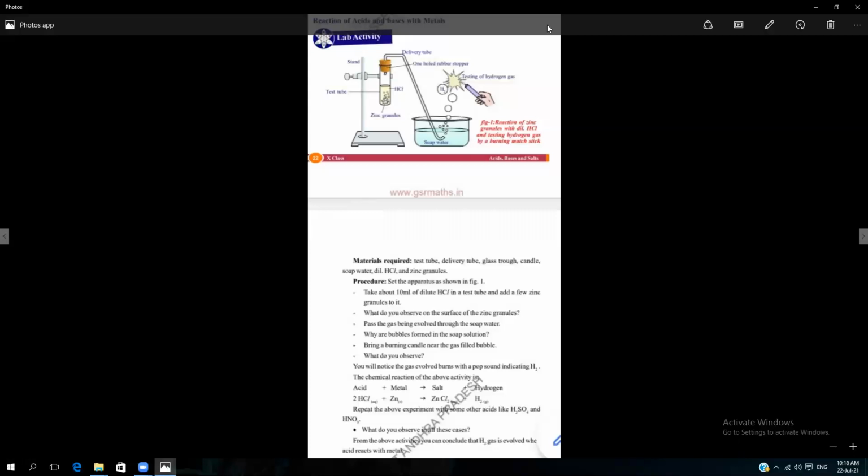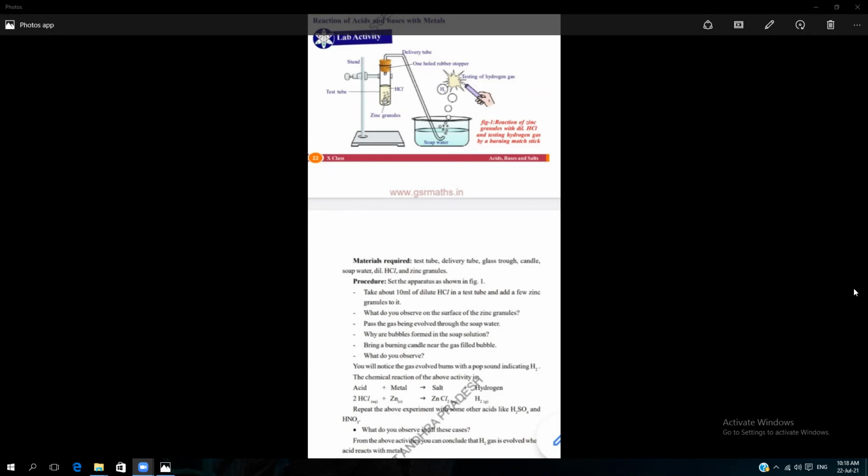Okay, students, is the screen clear? Yes, sir. See here, I already told you in previous classes about the reaction of acids and bases with metals.